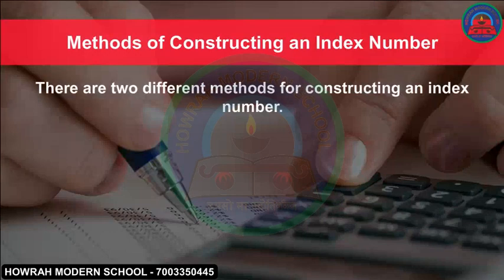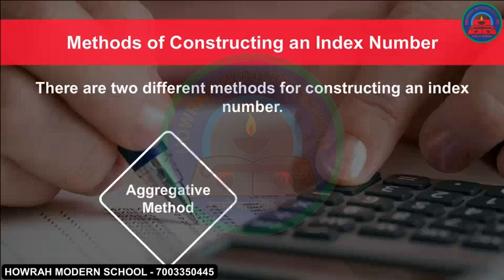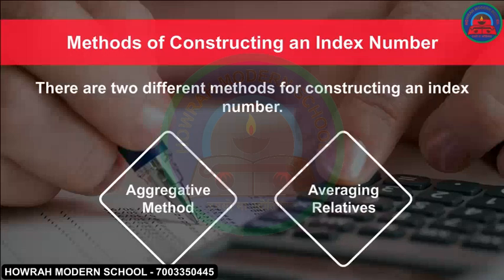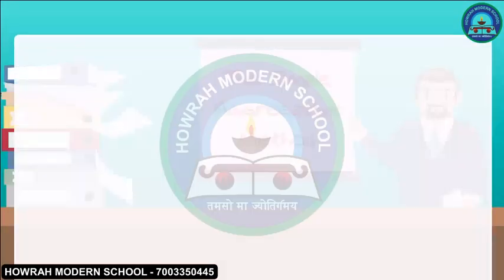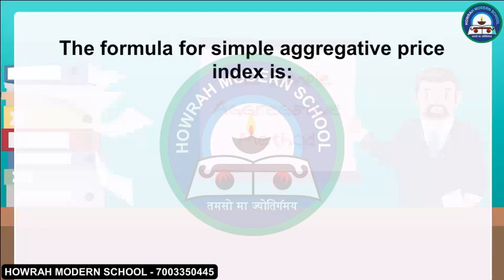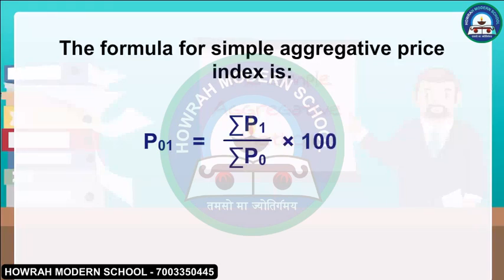Methods of constructing an index number. There are two different methods for constructing an index number. It can be calculated by using the aggregative method and by the method of averaging relatives. The simple aggregative method. The formula for simple aggregative price index is P01 equals the sum of P1 divided by the sum of P0 multiplied by 100.